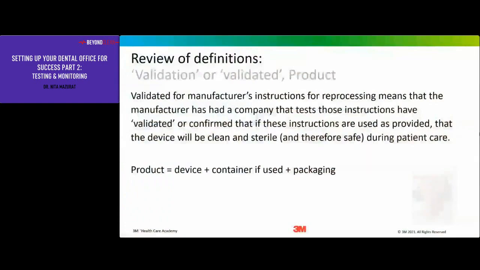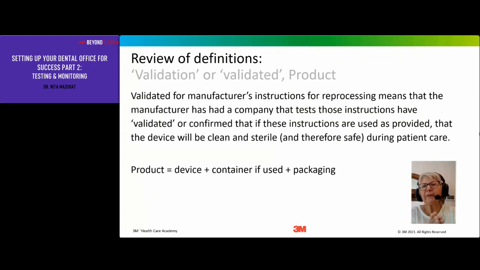And let's talk about validation and testing. Validated, I keep using the word validated. Validated is a word, please start using that the next time you go into the office. Validated manufacturer's instructions for use means the manufacturer has had a company or a division of their own company that tests the instructions and has validated or confirmed that these instructions are used as provided.